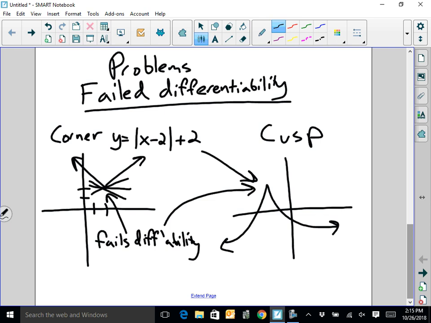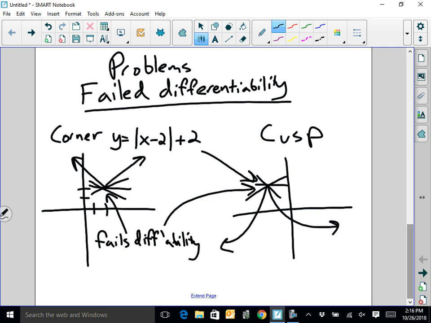Do I do it like this? Do I do it like this? I don't know. I can't do any of them because there are so many different options. Right at that point, I could not find the derivative. Any other point on that graph, on either one, I can easily find a tangent line. But a corner fails differentiability, a cusp fails differentiability.